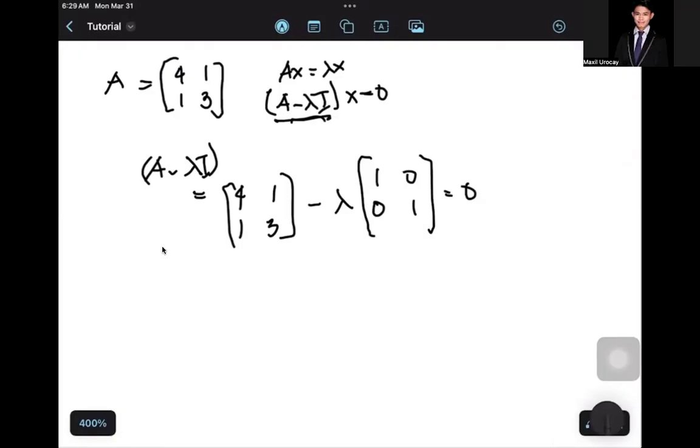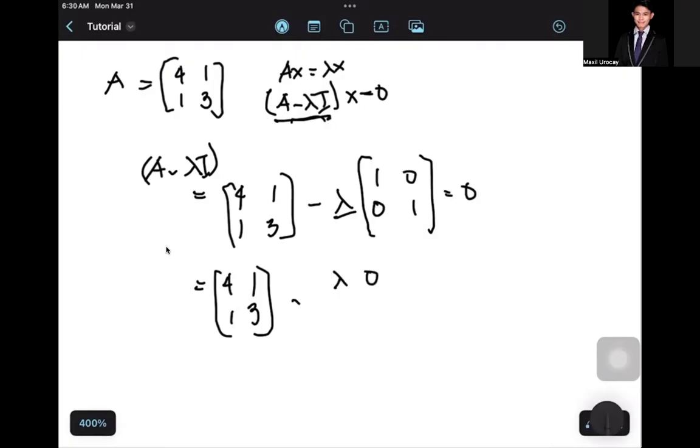Since lambda is a scalar, we copy 4, 1, 1, 3 as is, and lambda times the identity becomes lambda, 0, 0, lambda. Sorry, my pen is not working.